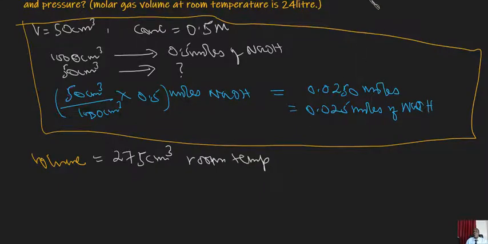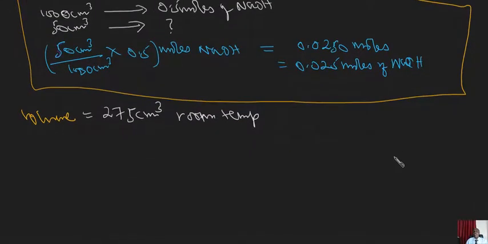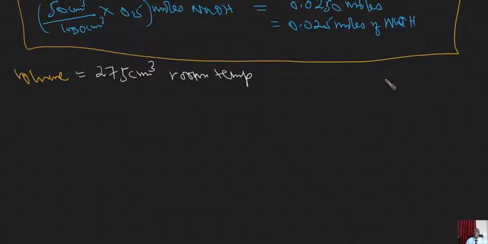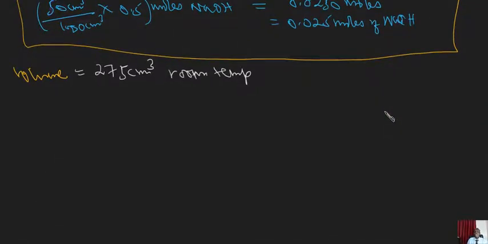That tells you that any 1 mole of a gas, that is 6.0 times 10 to the power 23 particles of a gas at room temperature, occupies 24 liters. Therefore, 24 liters of the gas contains 1 mole of any gas, maybe here CO2.